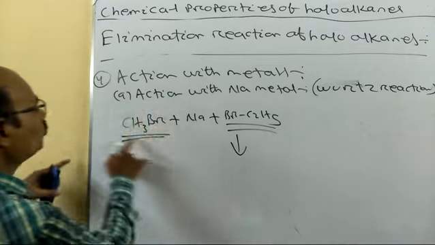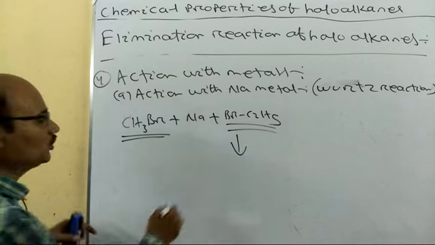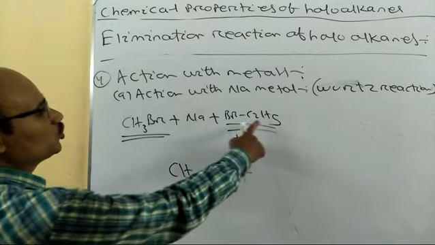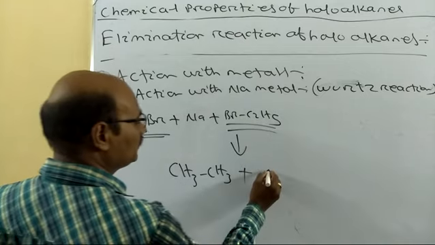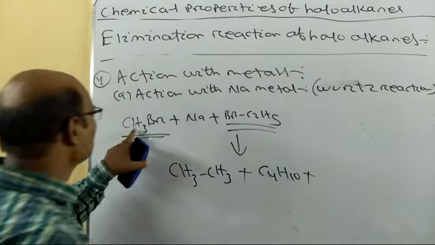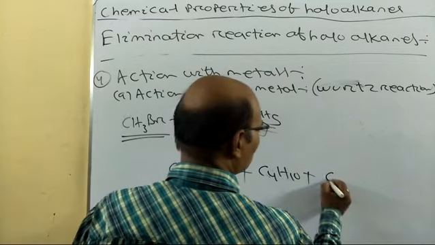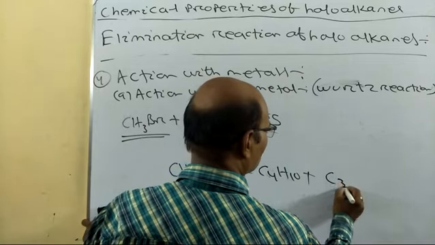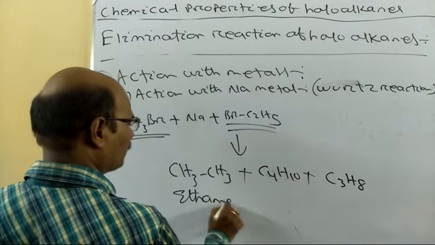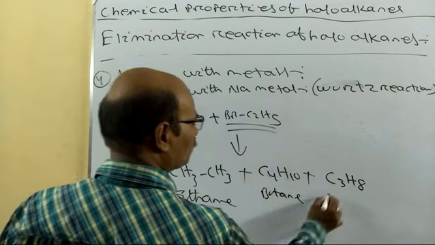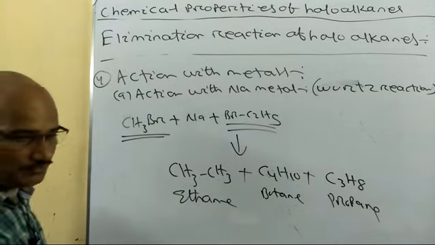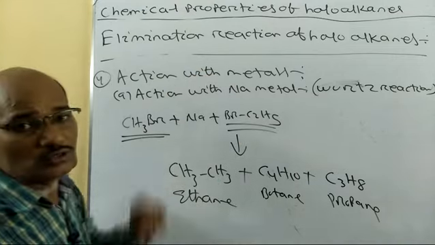First of all, 2 methyl bromide molecules will react to give ethane, and 2 ethyl bromide molecules will react to give butane, C4H10, and 1 methyl with 1 ethyl will react to give propane, C3H8. So ethane, butane and propane: you get a mixture and it is difficult to separate. So this is about the Wood reaction.